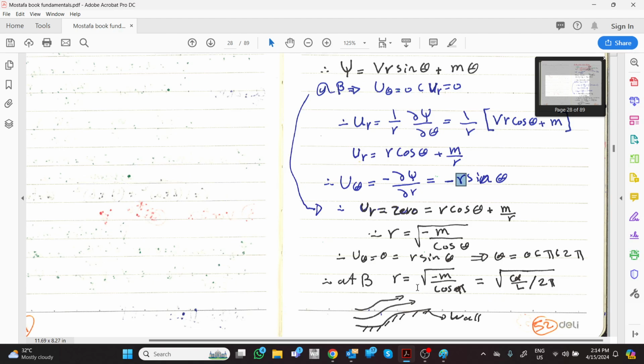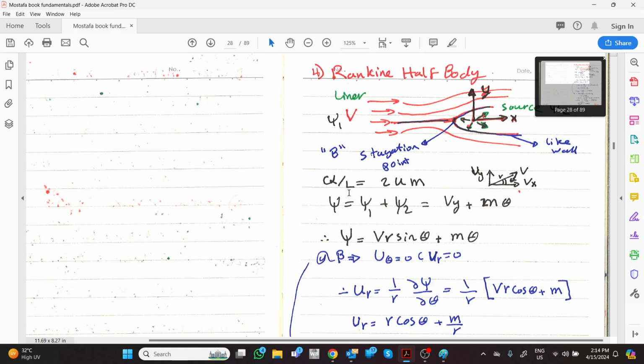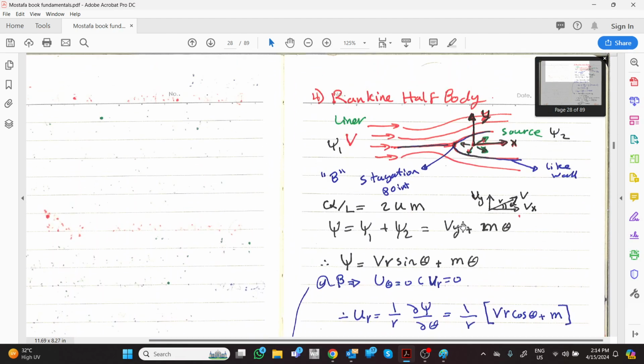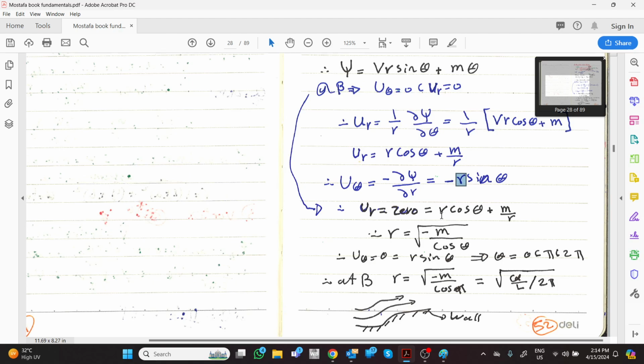And of course, we already understand from any definition of the flow, from here, that Q over L equals 2 pi m, m we know it, we approximated before. It is Q over 2 pi, which is equal to m. So based on that, and we already have this equation, we can get it.